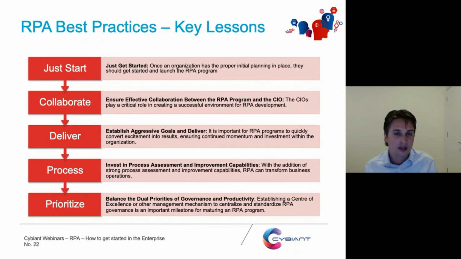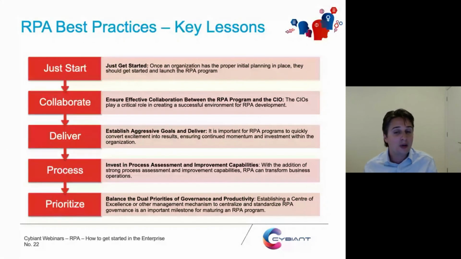A second key part is to start identifying some of the most important use cases right from the beginning. For that reason, it's very important that there's a very effective collaboration between the teams that want to implement RPA, like for instance a finance or IT department, and the CIO office. The CIOs play a critical role in creating a successful environment in which RPA can prosper.